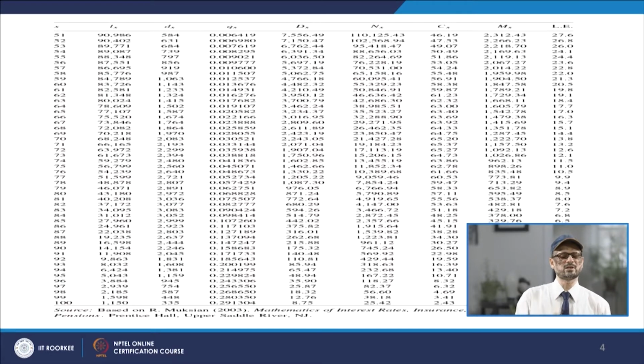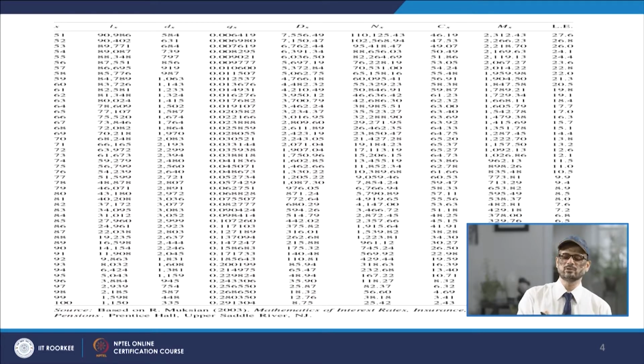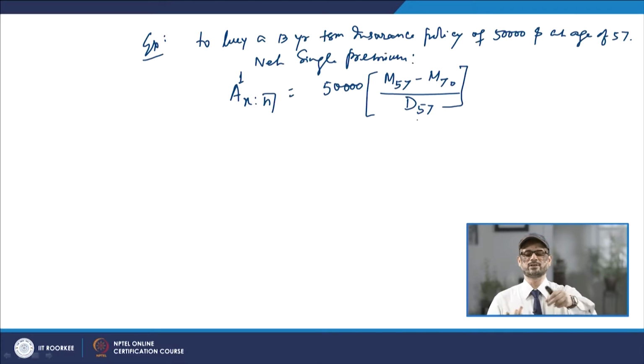For 57 the M_x value is 2014.22, and for 70 it is 1222.70. And then you can find D_57, which is 5372.84. So these values can be used, and then you can calculate.